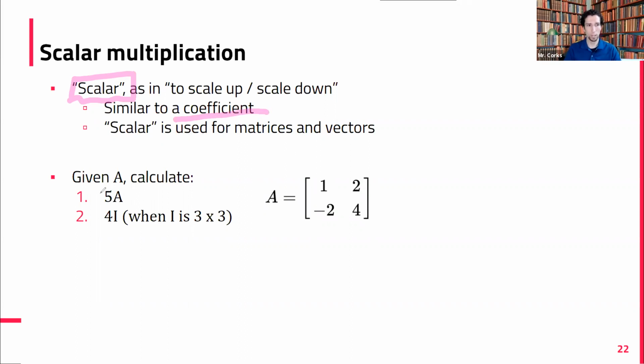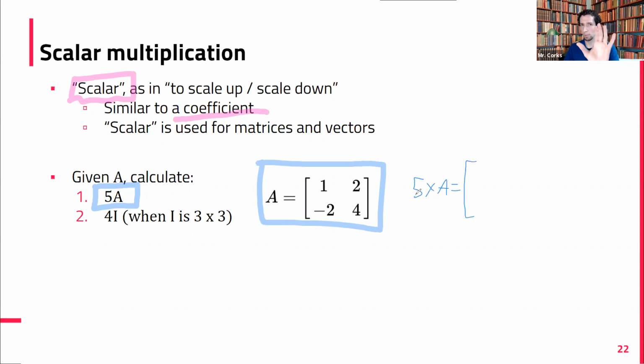Scalar multiplication will be something like this, where we have a matrix A and we want to do the operation 5 times A. Can we take a guess? What do you think we would do to do scalar multiplication? Every component needs to be multiplied by 5.